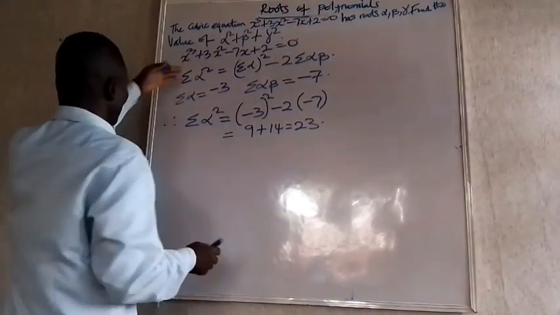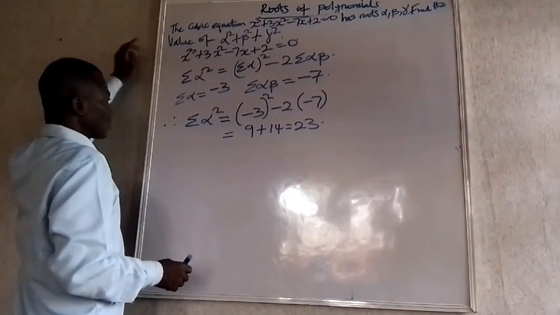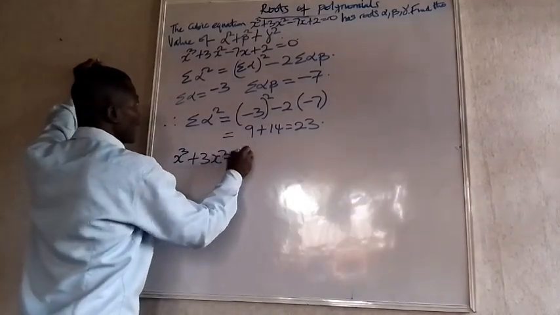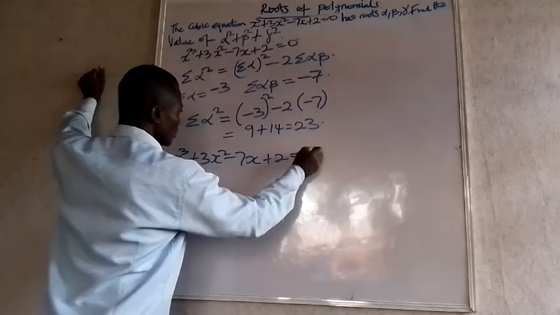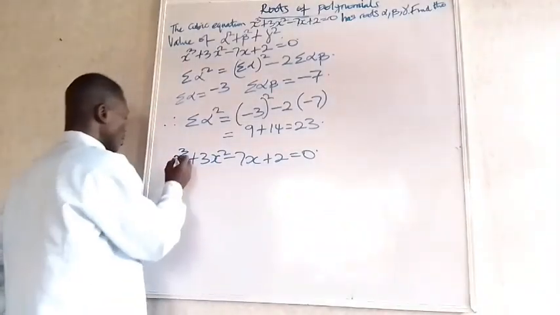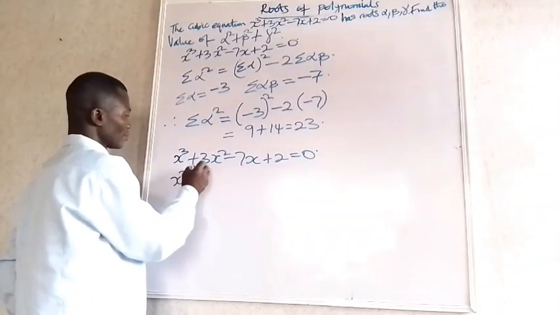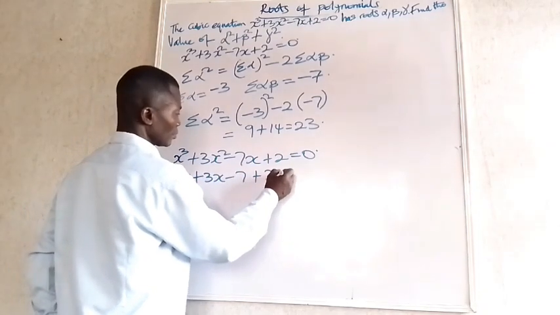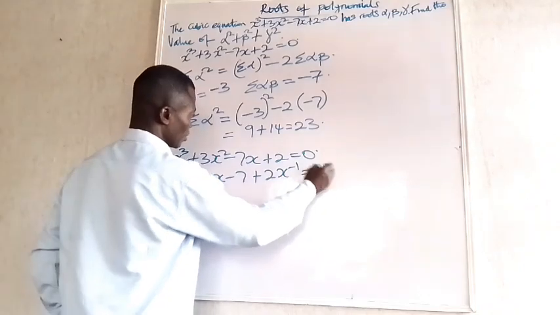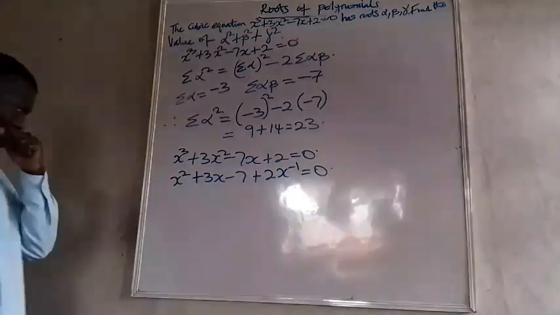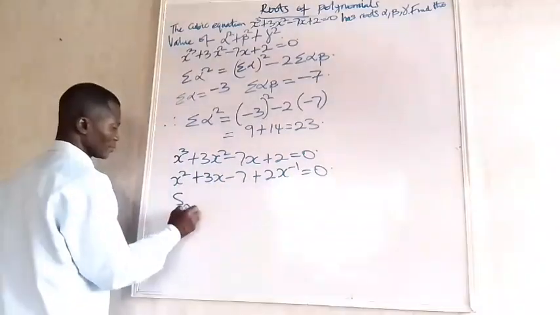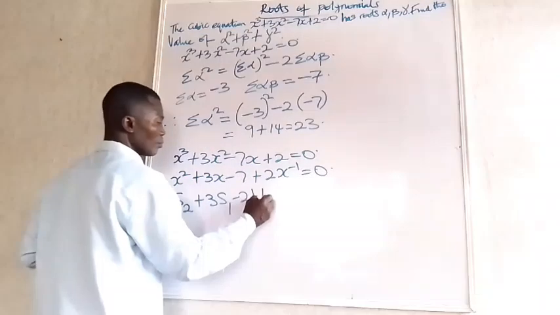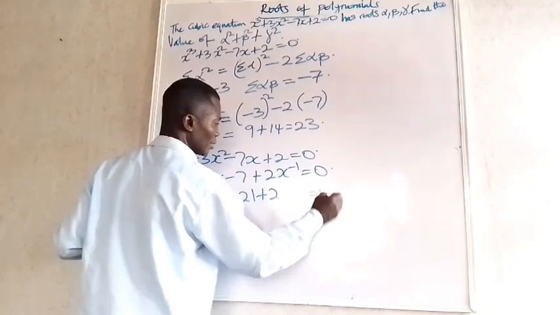Now let's try to use recurrence to find the answer to this question. So we have x cubed plus 3x squared minus 7x plus 2. Now let's divide by x. We are going to have x squared plus 3x minus 7 plus 2 x raised to the power minus 1 equals 0. Now if we are using recurrence, we are going to have something like this: S2 plus 3S1 minus 7S0 plus 2S minus 1 equals 0.